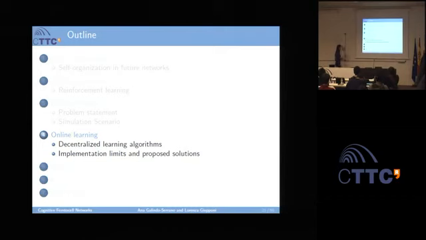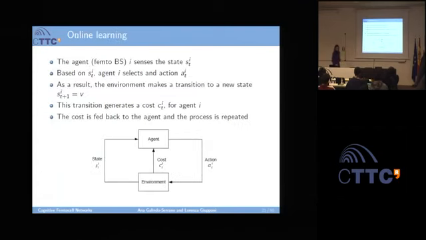Now we go to the core of this presentation. We will see how to really design a learning algorithm. So the main idea in online learning is that the agent will sense the state of the environment, so it will represent how the environment is at that moment. Based on this information, the agent selects an action following an action selection policy.